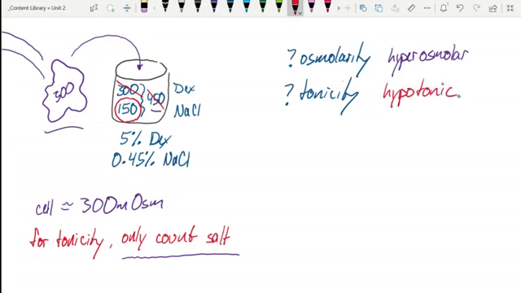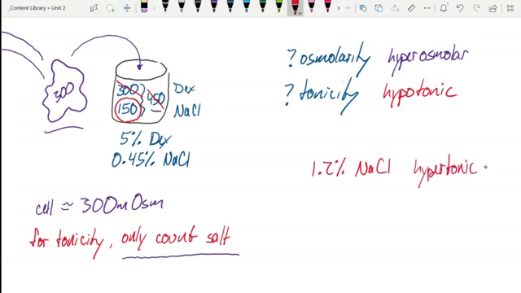In other words, as I put the cell inside that solution, the cell will swell because water is going to the higher salt concentration. Of course, if we come up with a higher salt solution, right? If we had something like a 1.2% sodium chloride, the minute the salt concentration gets higher than 0.9%, now by default, it has to be hypertonic.